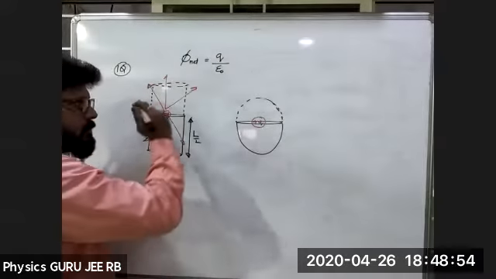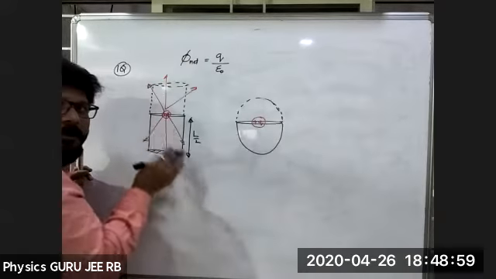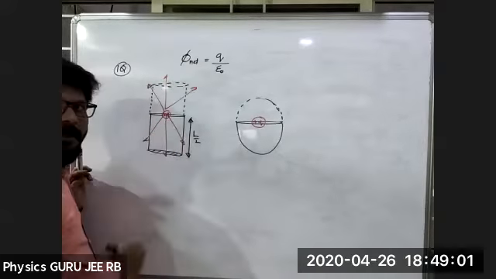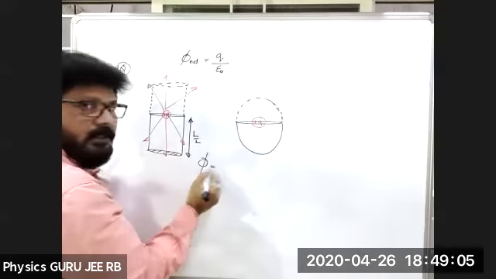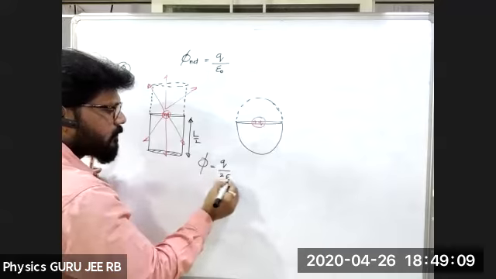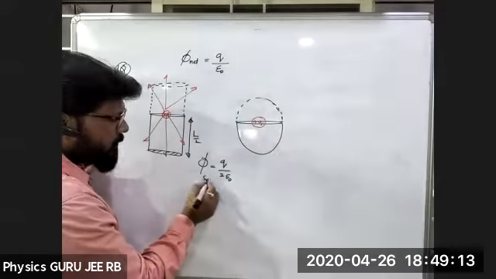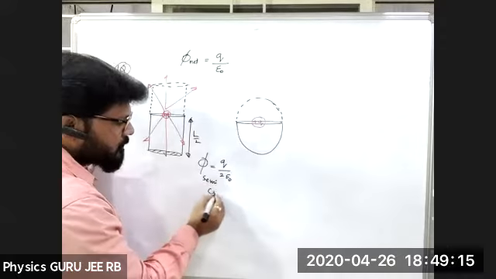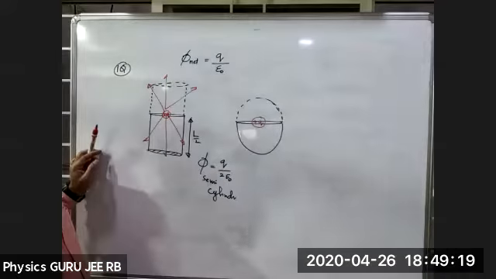Half of it, because only half is upwards and half is downward. We want the flux linked with this particular surface, so the flux linked with it is Q by 2 epsilon naught. This will be the net flux of a semi-cylinder, Q by 2 epsilon naught.